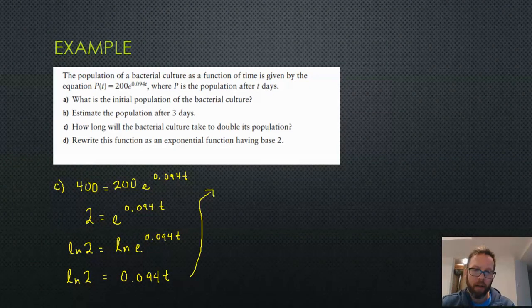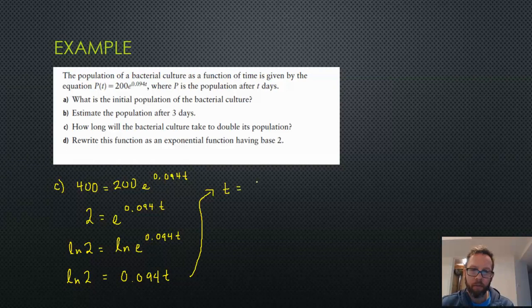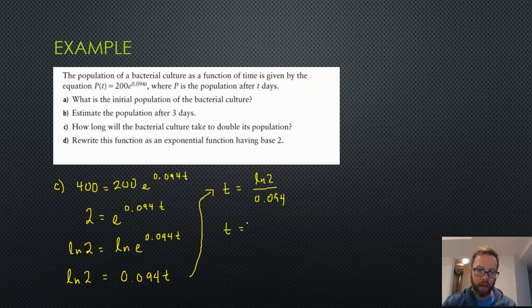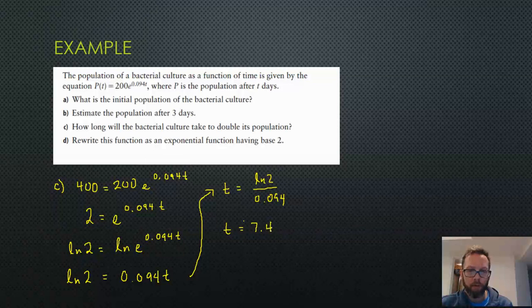And we can solve this. t is equal to ln 2, whatever that is, divided by 0.094. You can crank that out. You now know where your ln button is: ln 2 divided by 0.094. I got about 7.4 days.